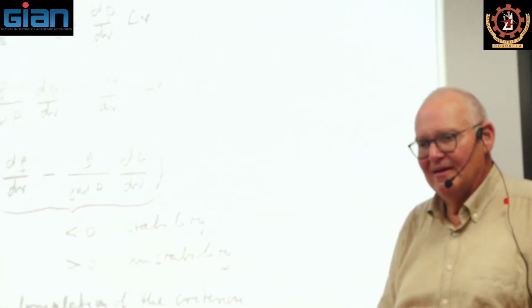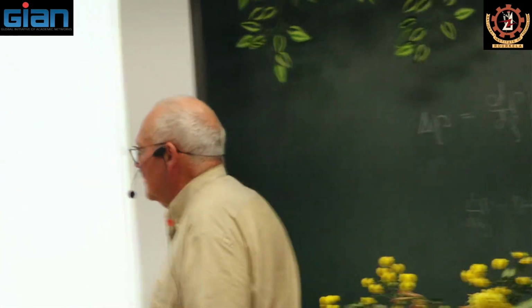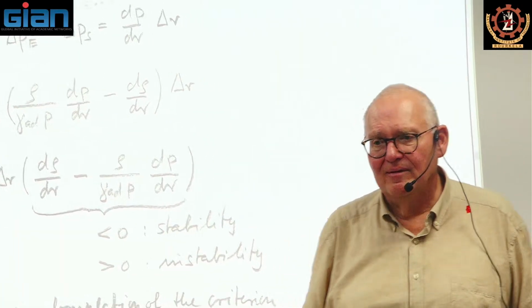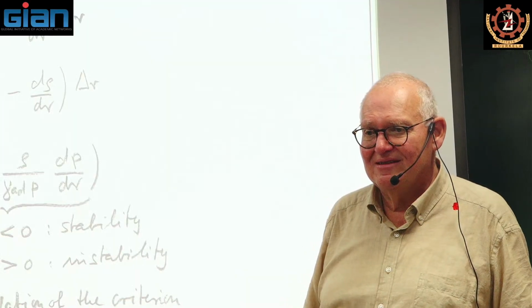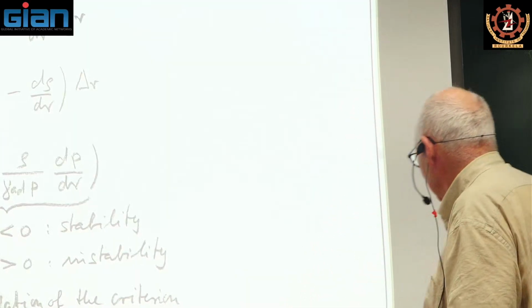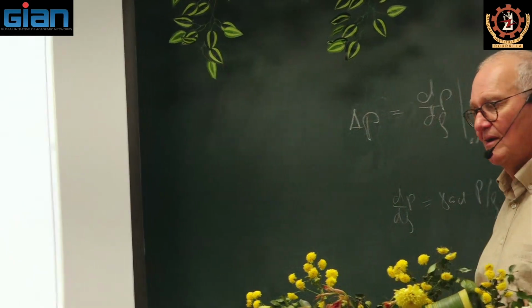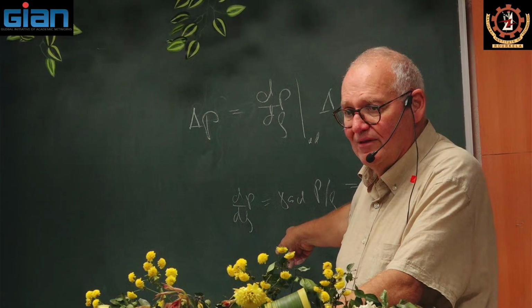So if you have high sound speed, then this term will no longer matter. For example, if you compare air and water, water is essentially incompressible. You can also express it in terms of sound speed: the sound speed in water is much higher than in air.